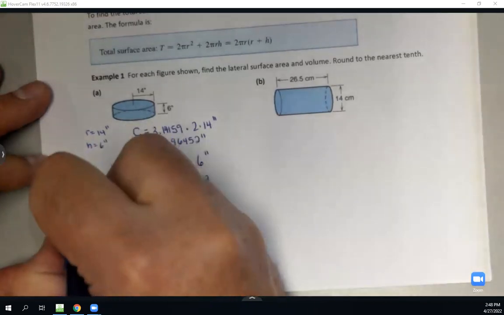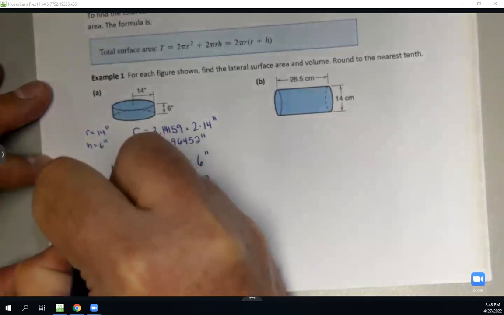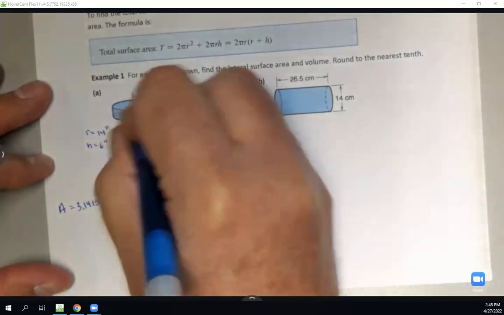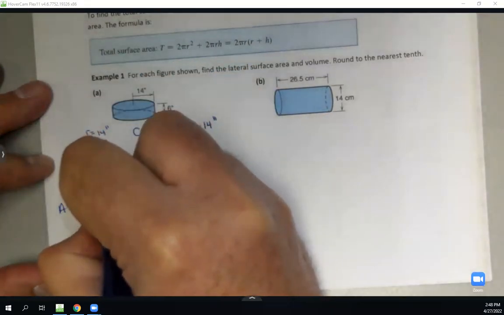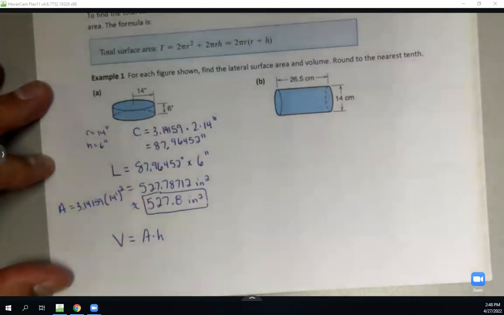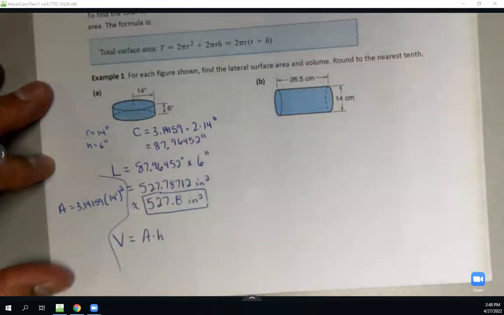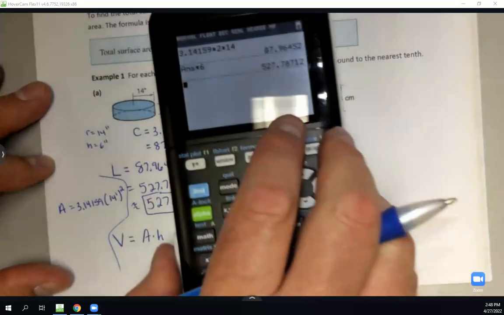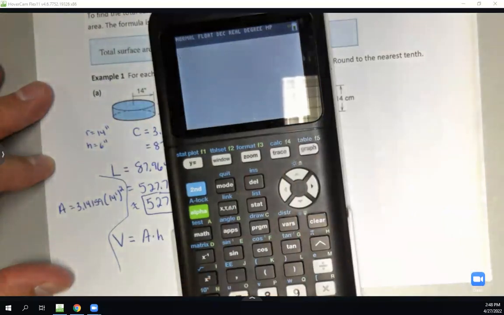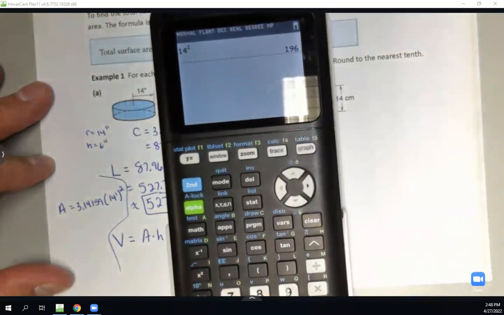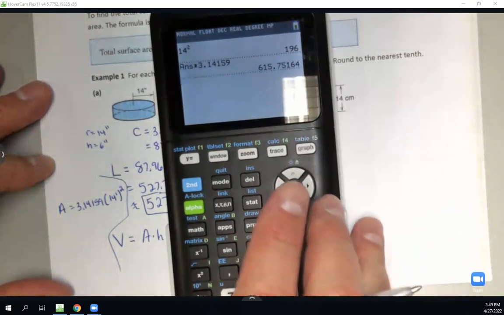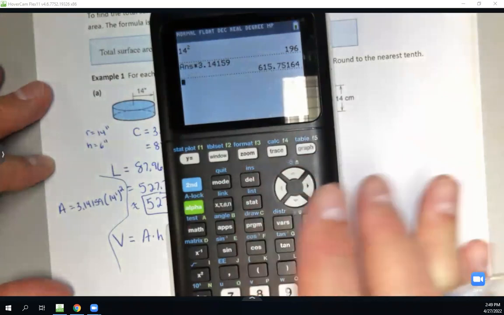So pi, that's 3.14159 times the radius, 14 inches, squared. With me on that? Well, 14 squared would be 196. And so if I take that times 3.14159, that is 615.75164. Again, I'm not going to round that because that's not my final answer.